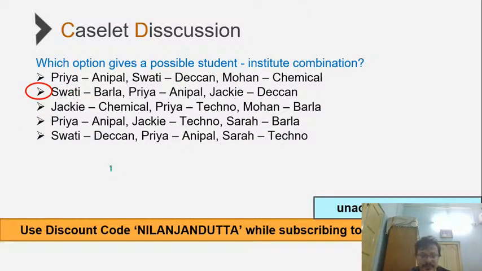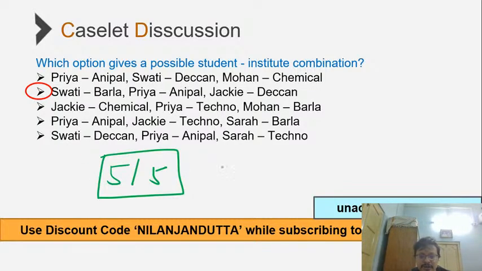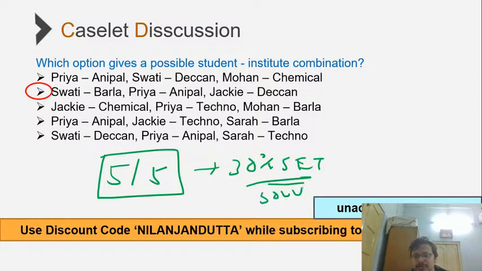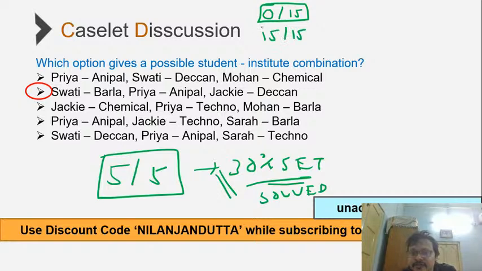Note, 5 out of 5 questions done, but only 30% of the set has been solved. That too, that 30% was solved using the options in the previous questions. A lot of you would say that this is a set where you actually deserve 0 out of 15, but where your scorecard will read 15 out of 15.